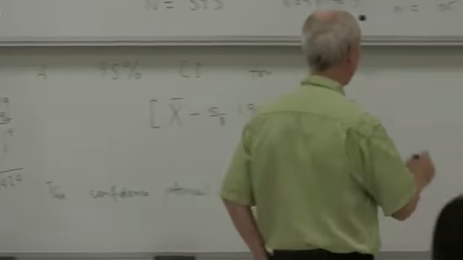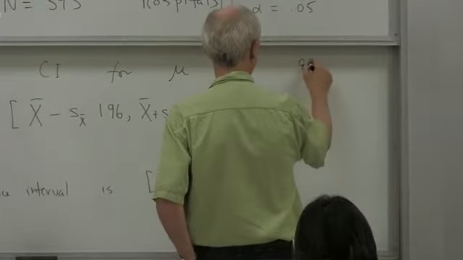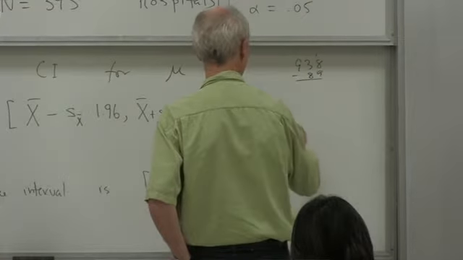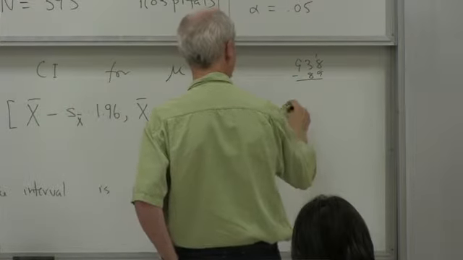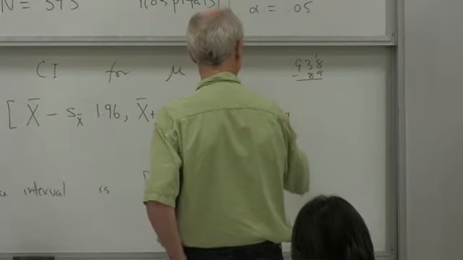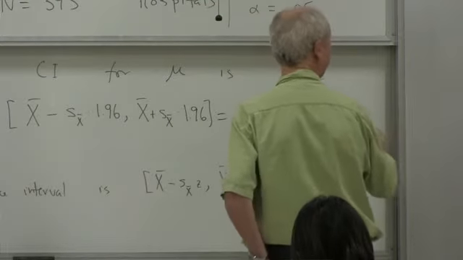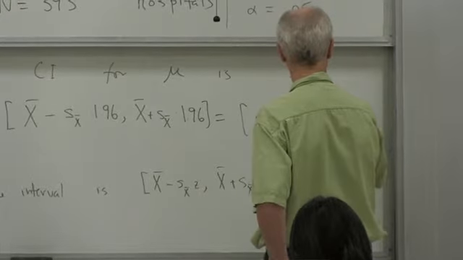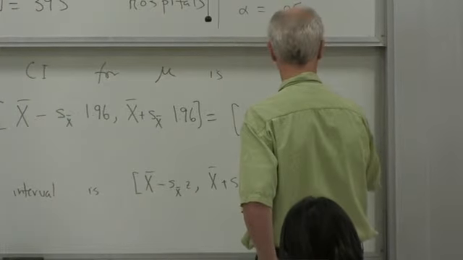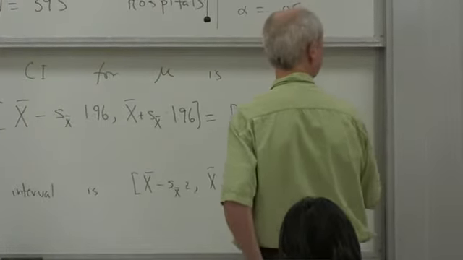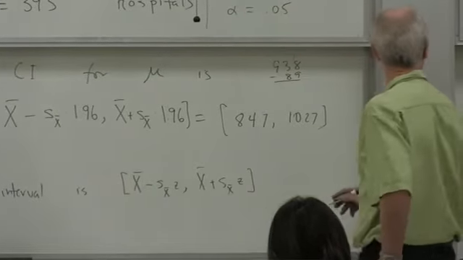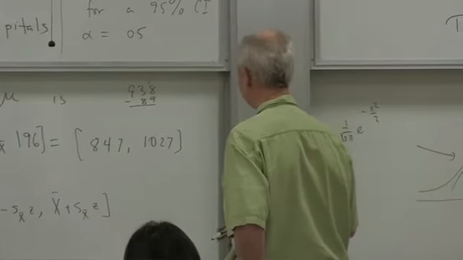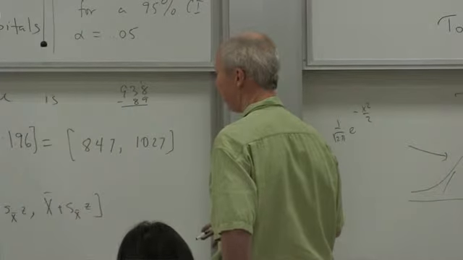Okay. 938 minus 89. 938 plus 89 is 1,027. 89. It's 938.5. Really?